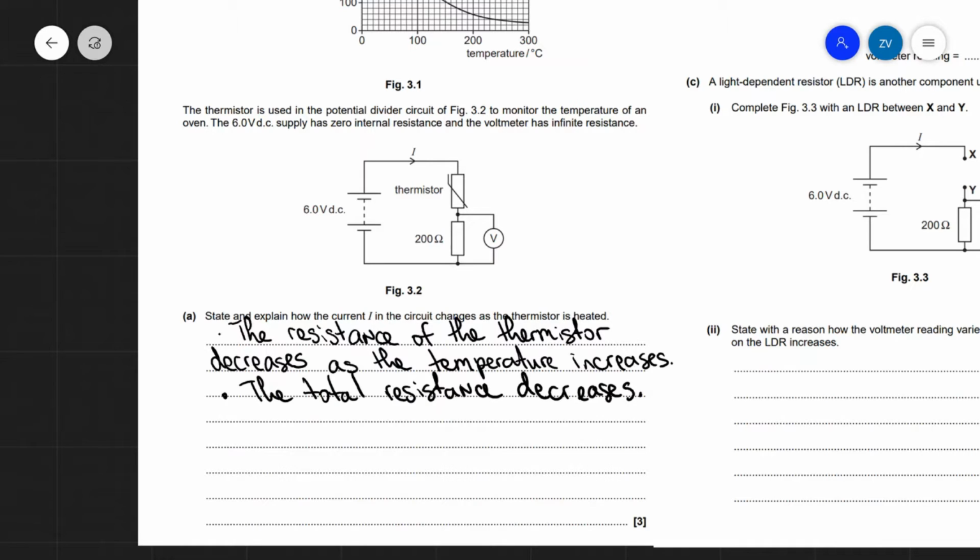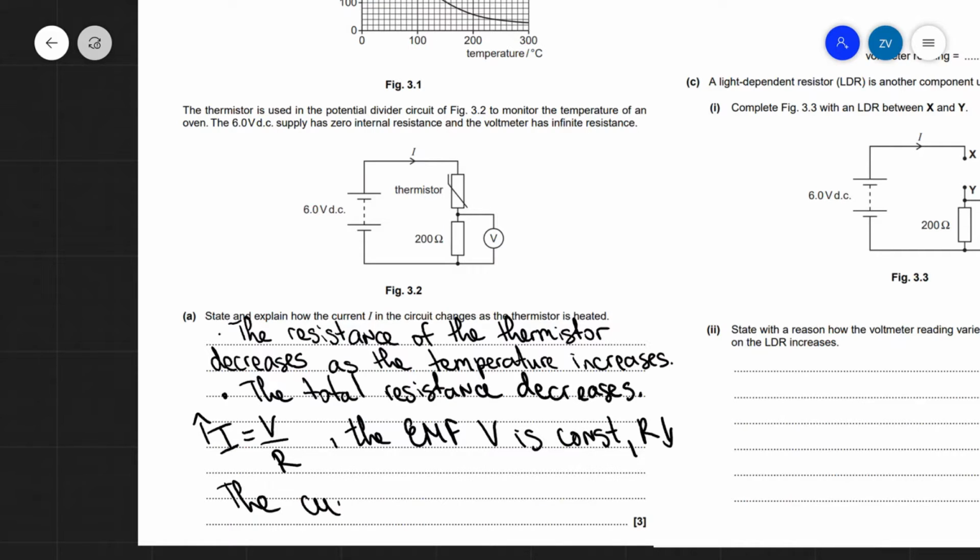Because the total resistance decreases, and remember, the current I in the circuit is equal to V over R, the supply voltage, the EMF, remains constant. So the EMF V is constant, but R is decreasing. Therefore, the current is increasing.